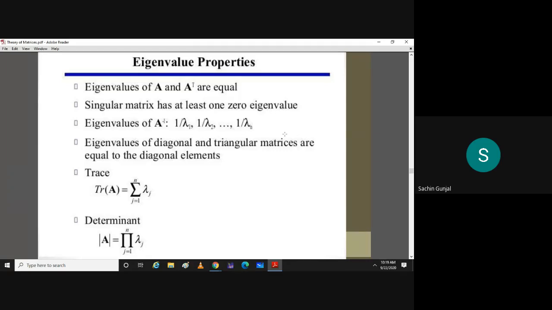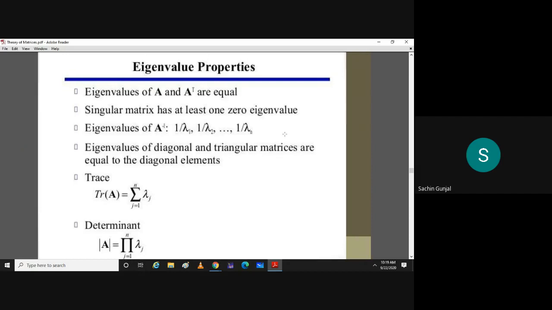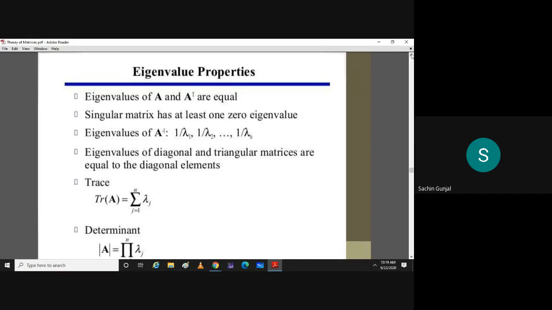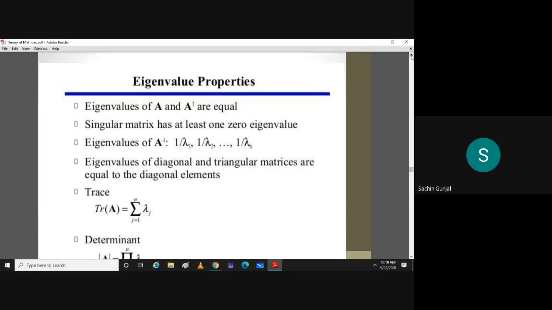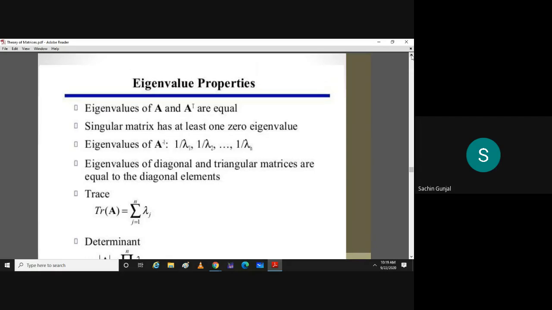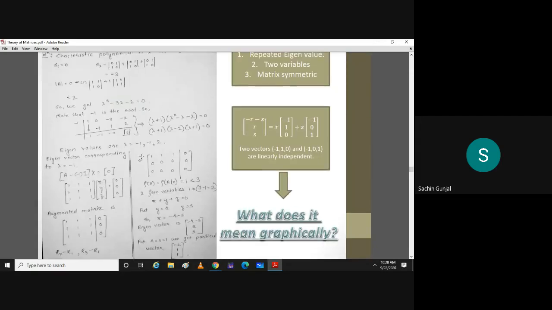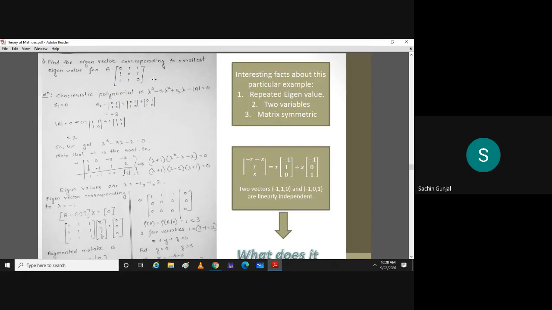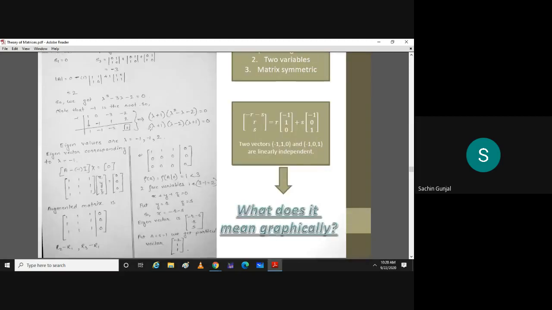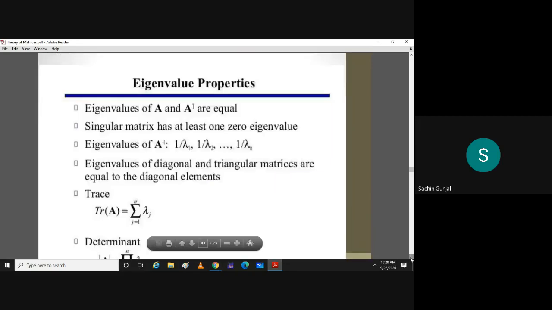So what can you say about the above matrix? Is this matrix singular or non-singular? Non-singular, because no eigenvalue is 0, and you can check the determinant also, which is non-zero. So that is a point.